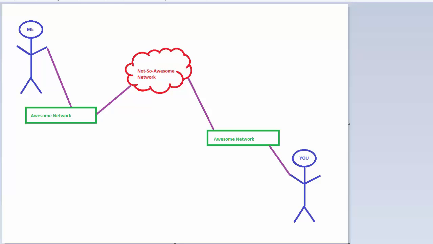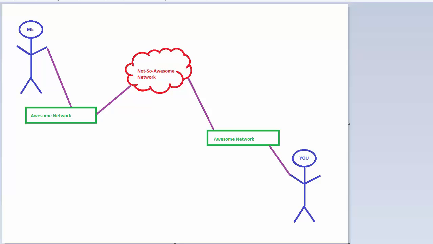In other words, if I was the me in this picture and you were the you in that picture, and I'm thinking maybe there's a problem with my server because I can't get data to you, I go in and start pulling up performance counters and looking at process counters, trying to see which of my processes are generating the most data. Then I find that this one process, this poor little sucker running on my box, happens to be the busiest process from a network perspective on my server.